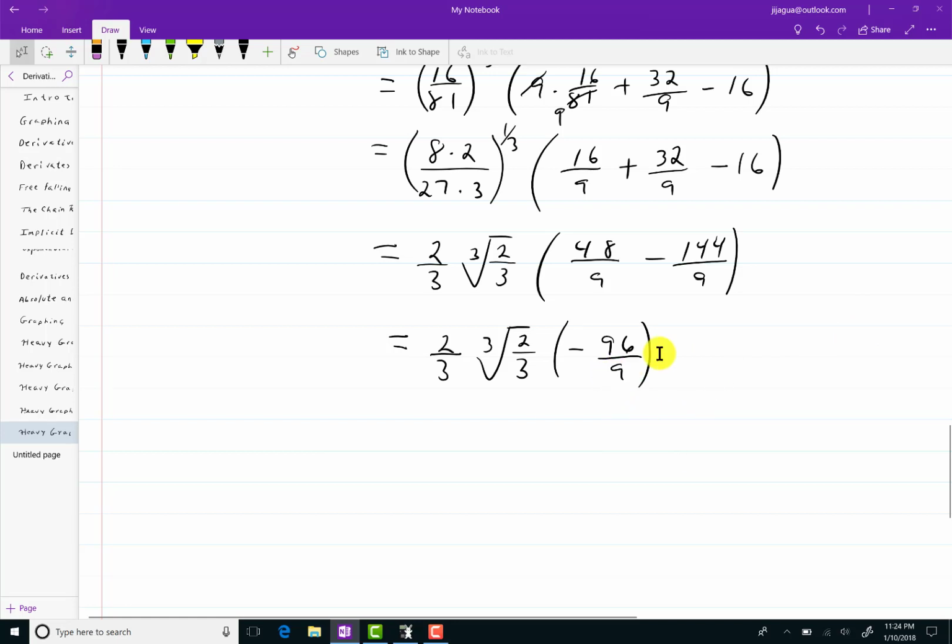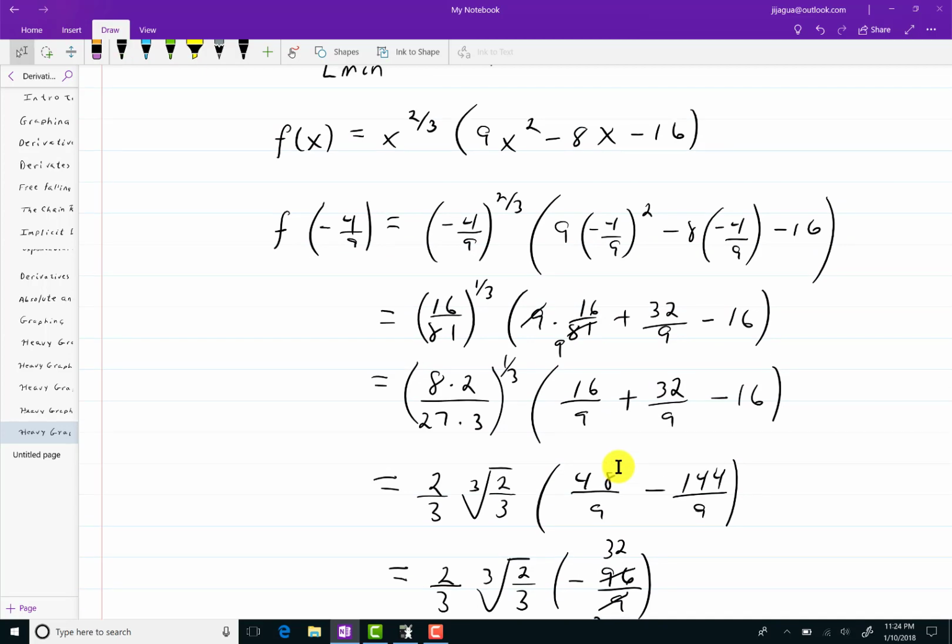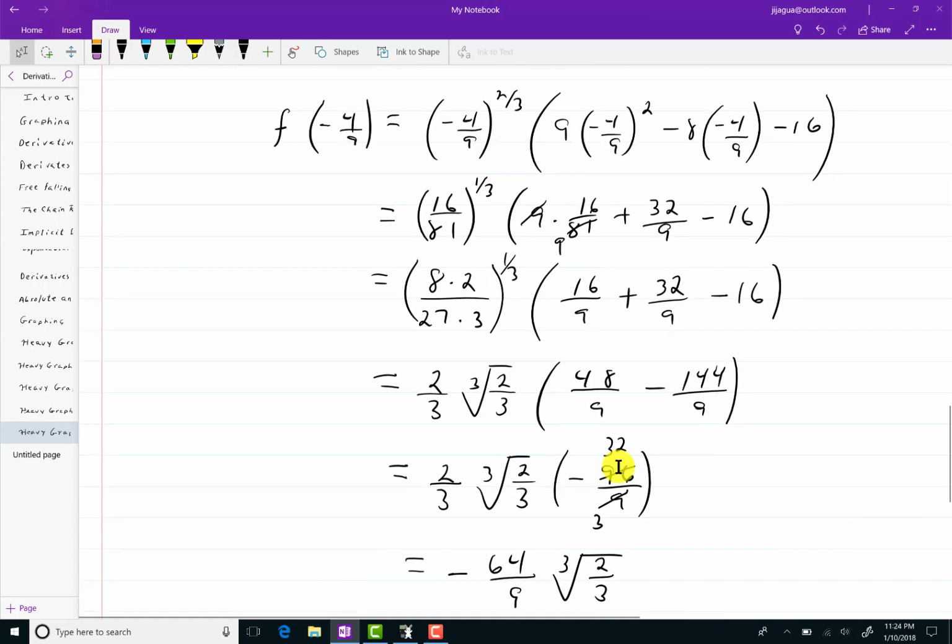A 3 goes into both 9 and 96. If I cancel out a 3 here, and then a 3 here, I'll have a 32. So I'll rewrite the final answer as negative 64 over 9 times the cube root of 2/3. This was a local min, wasn't it? Yes, a local min.